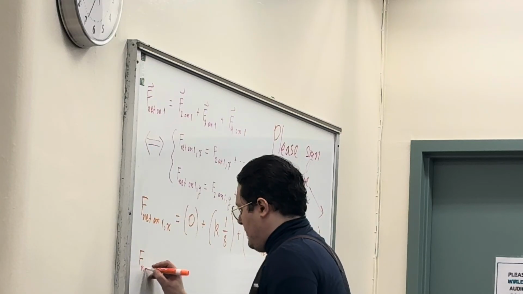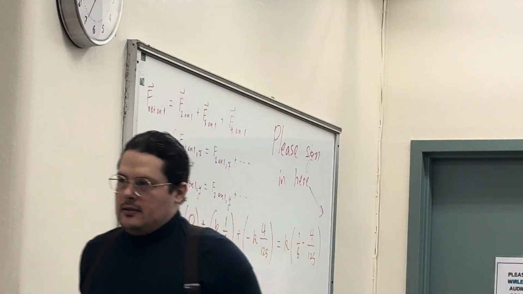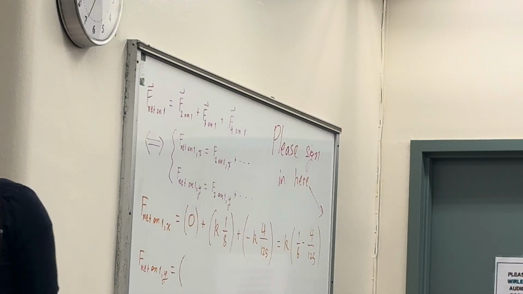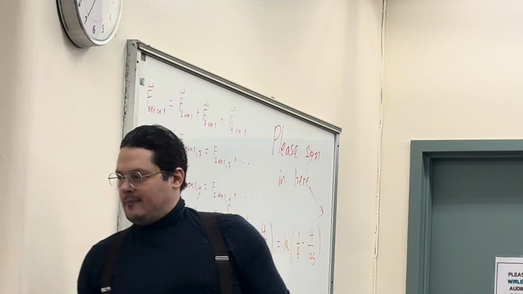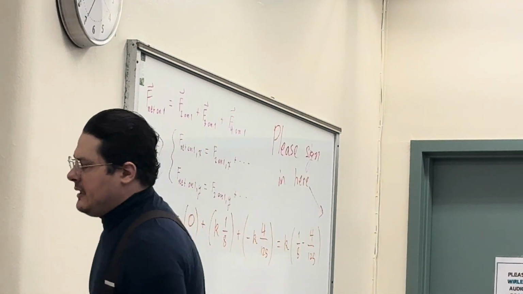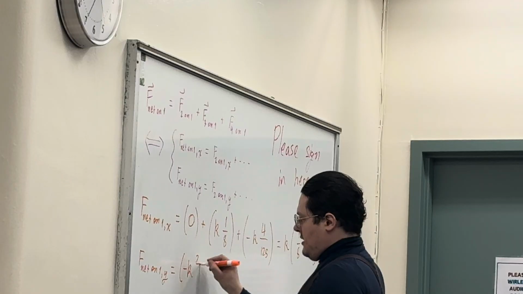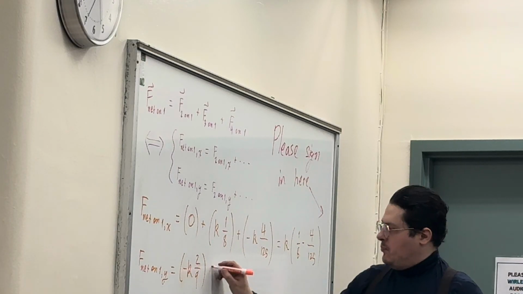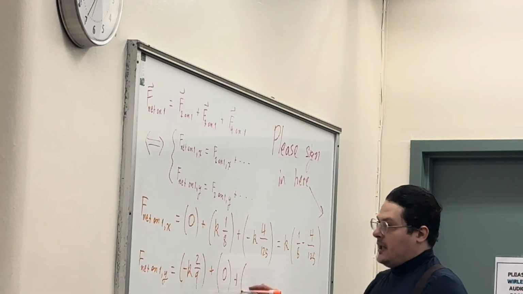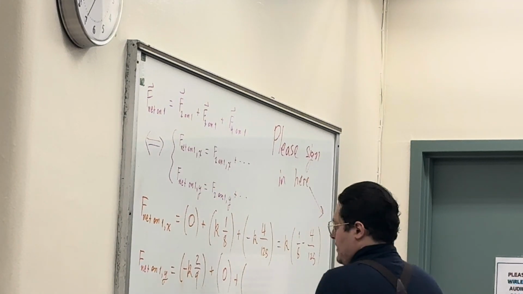Now let's do F net on 1y. Okay, so we got this guy plus 0 plus this guy. So we got negative k times 2/9 plus 0 plus negative k times 3 over 125.